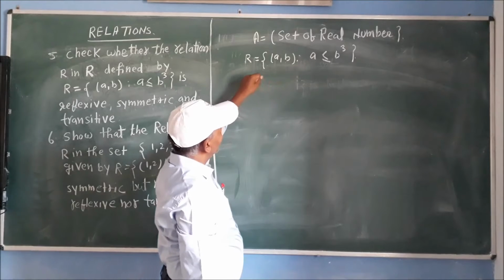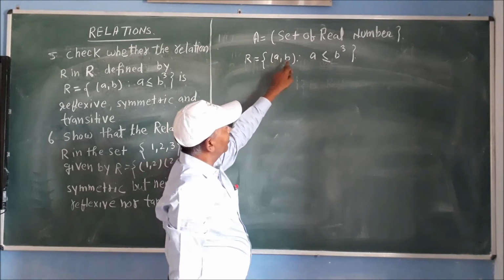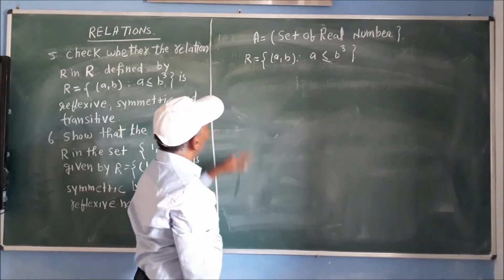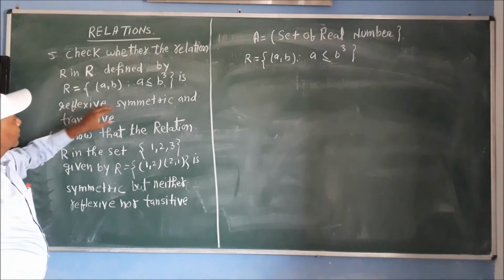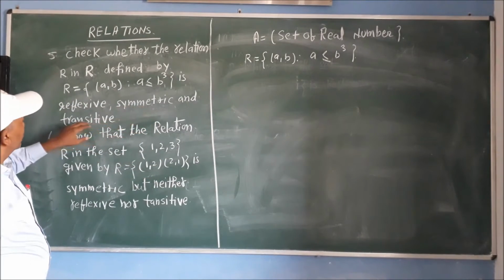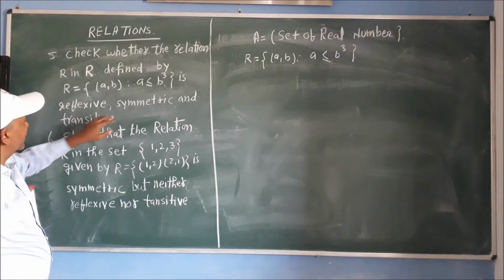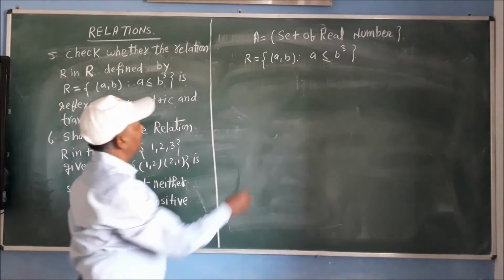That means a will be smaller than or equal to b³. So we have to check the reflexive, symmetric and transitive properties of this relation.